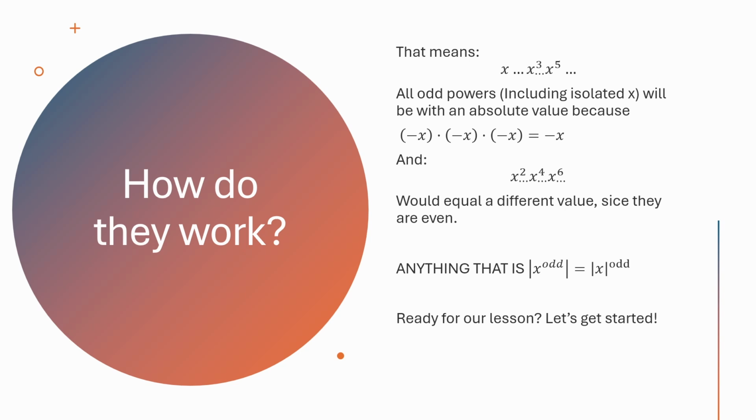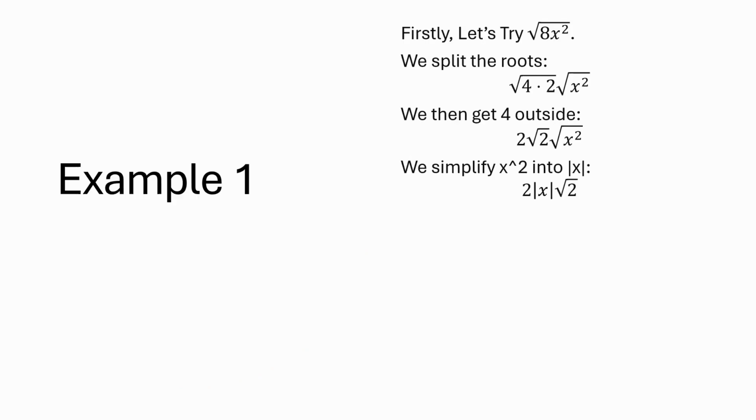So, just to recap, anything that is odd will have the absolute value. Anything that is even, you leave it alone. And most importantly, do not have the exponent inside the absolute value. That goes outside no matter what. So, without further ado, let's go ahead to our examples.